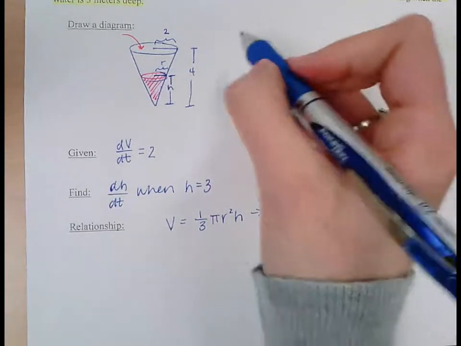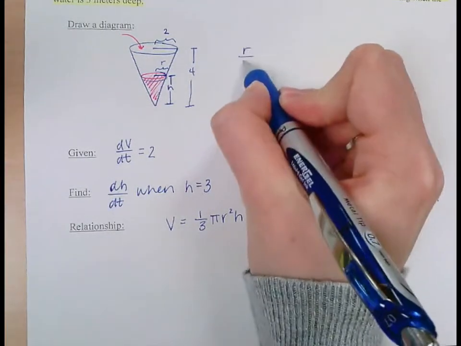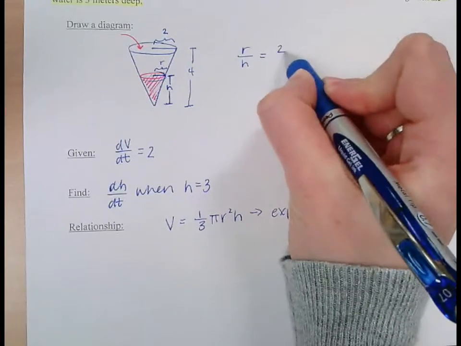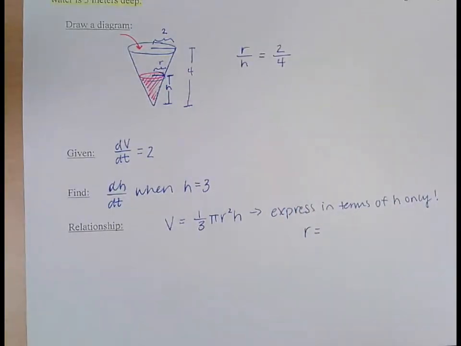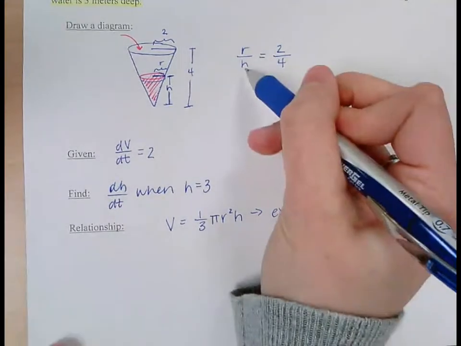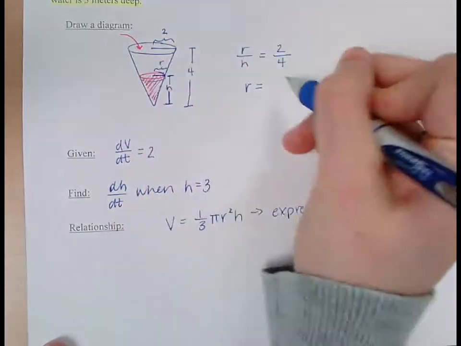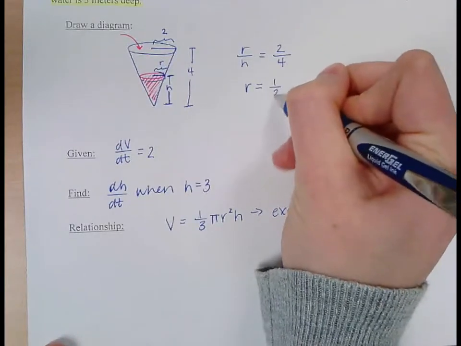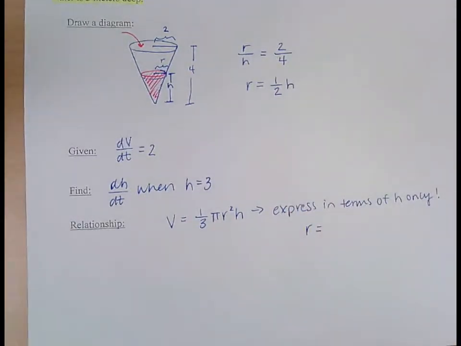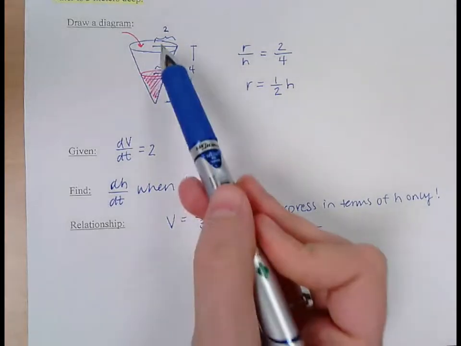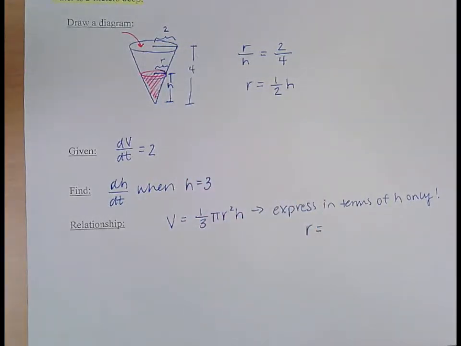So I can say the radius is to the height as 2 is to 4. Just setting up a proportion. Okay, and then I know 2/4 is 1/2, and if I multiply the h over, this means the radius at any water level here is half of the height. And you could maybe even see that from the maximum radius and height, the radius is exactly half.